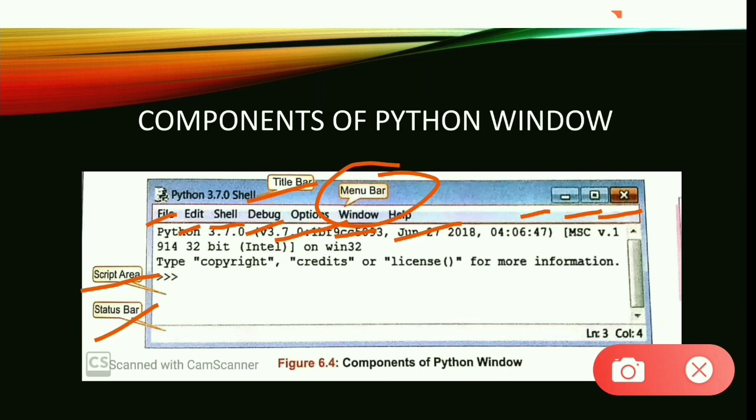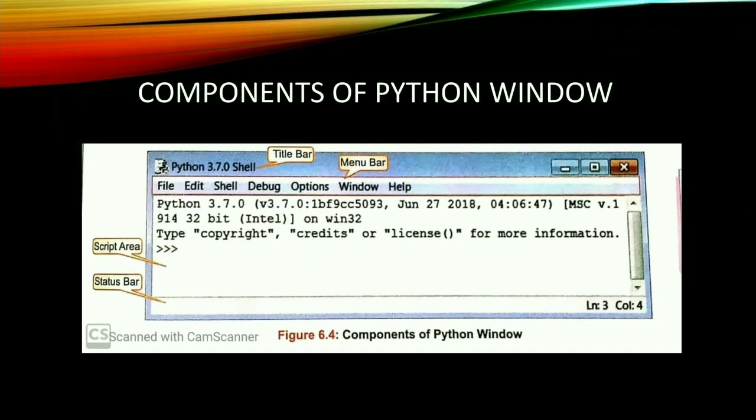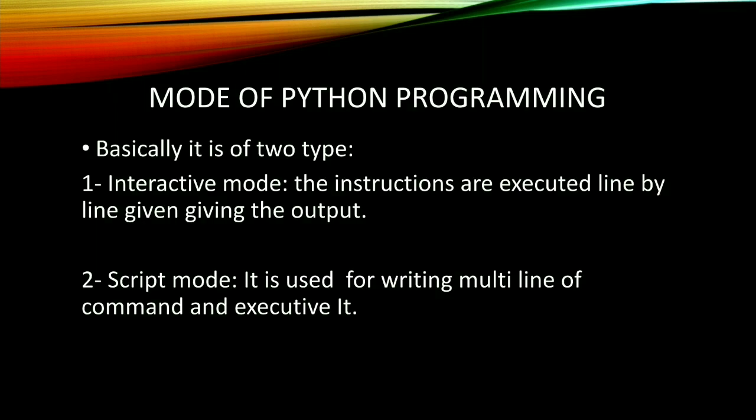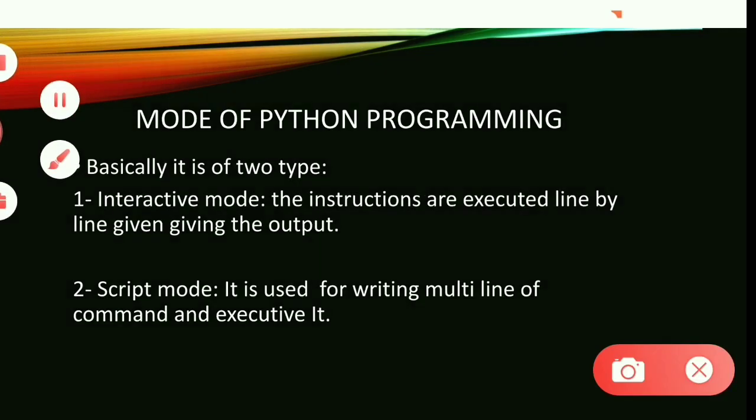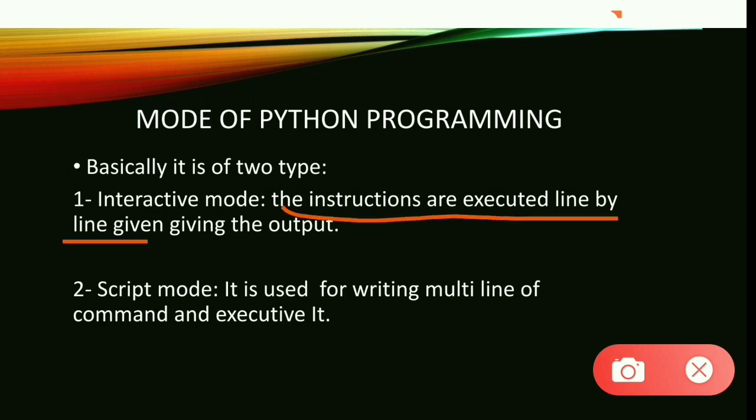Okay, let us see our next heading, that is the modes of Python programming. Basically, in Python there are two modes. First is the interactive mode and second is the script mode. In interactive mode, the instructions are executed line by line, giving the output.